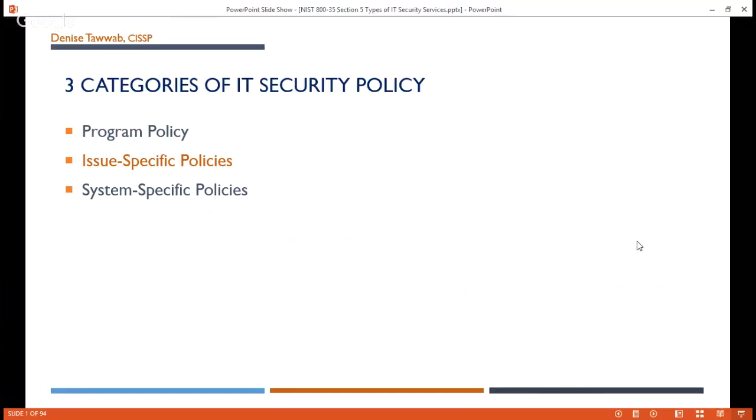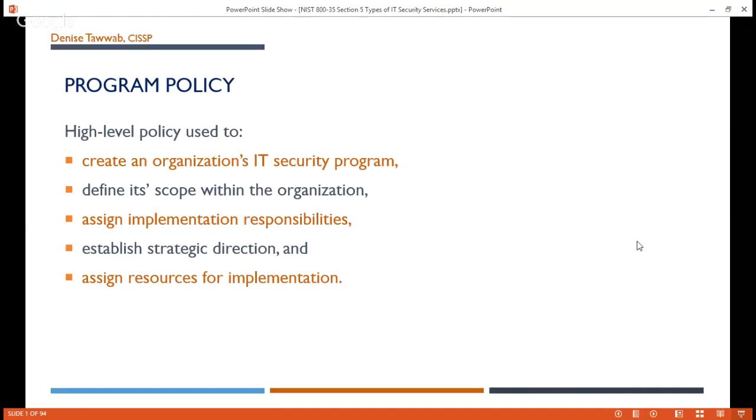There are three categories of security policies. They're your program policies, your issue-specific policies, and your system-specific policies. Program policies are your high-level policies that are used to create the IT security program. That policy defines the scope within the organization. It assigns your implementation responsibilities. If you are standing up an IT security program, you have to define roles and you have to clearly assign responsibility to those roles.